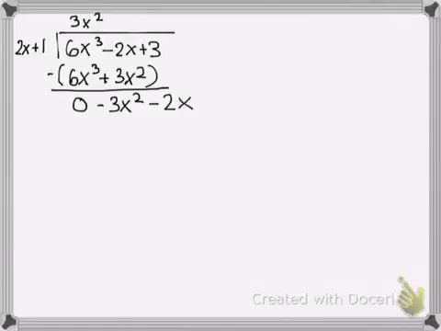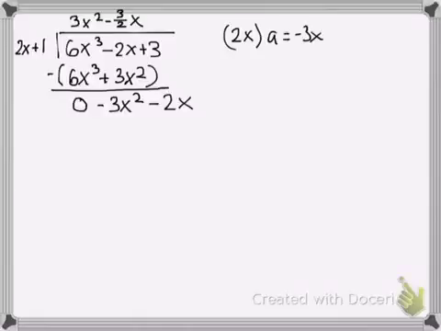Okay, I have to multiply, so what do I have to multiply 2x by to get negative 3x squared? Well, I have to multiply it by negative 3 halves x. And you can solve that with just regular division, like 2x times what is negative 3x squared?